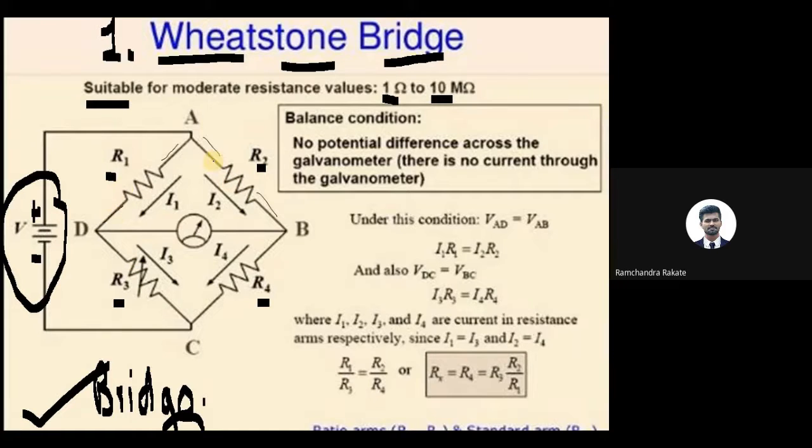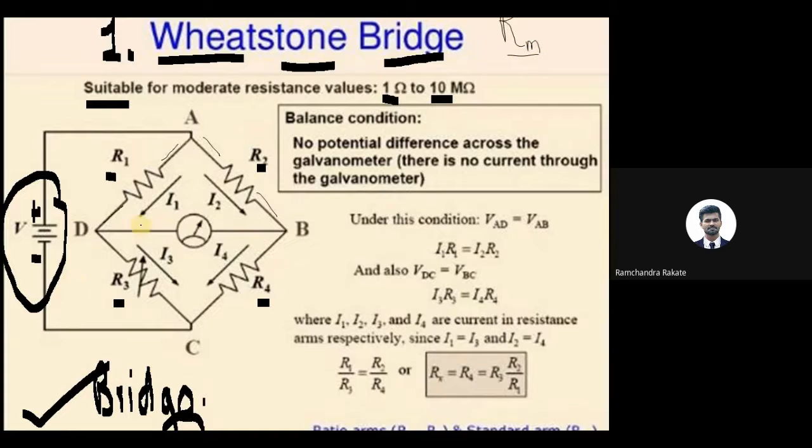So each arm consists of one resistance. Now what is our objective? The objective is to find out the value of a resistance, that is, the measurement of that particular resistance.